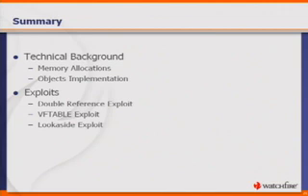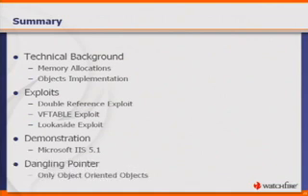Then we talked about three exploitation techniques: the double reference exploitation technique, the virtual function table exploitation technique, and the look-aside exploitation technique. Afterwards, I showed you a remote exploit of the Microsoft IIS 5.1 web server, and that was it.